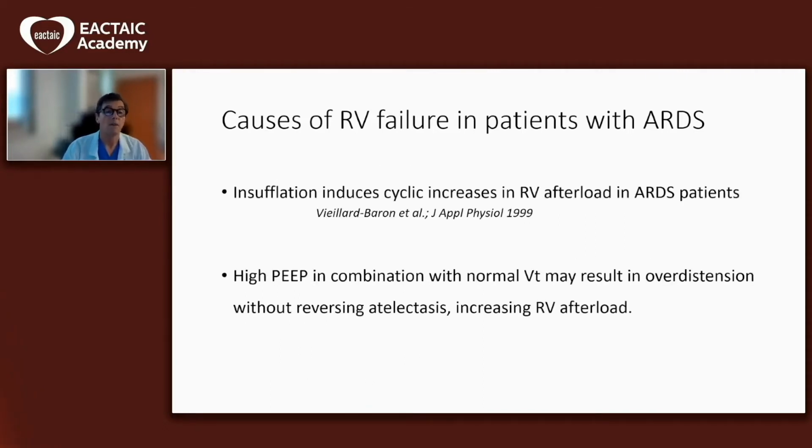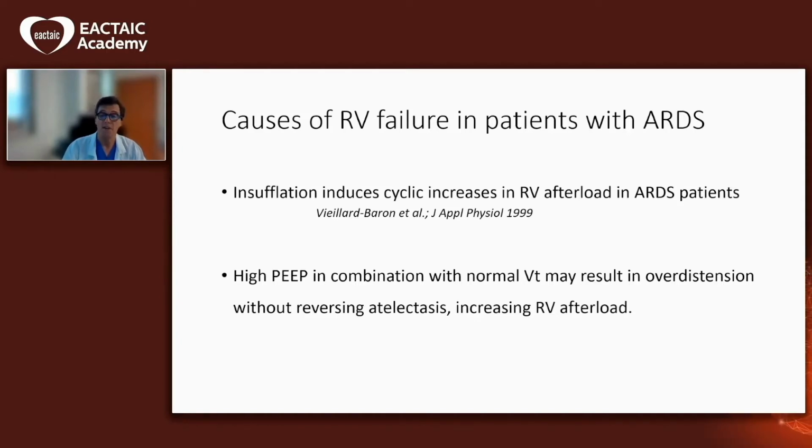In addition, ventilation itself produces a burden on right ventricular ejection, and there is a cyclic increase in right ventricular impedance with each inflation in these patients. We also use frequently high PEEP in combination with normal tidal volume, which may result in overdistension of the lung.